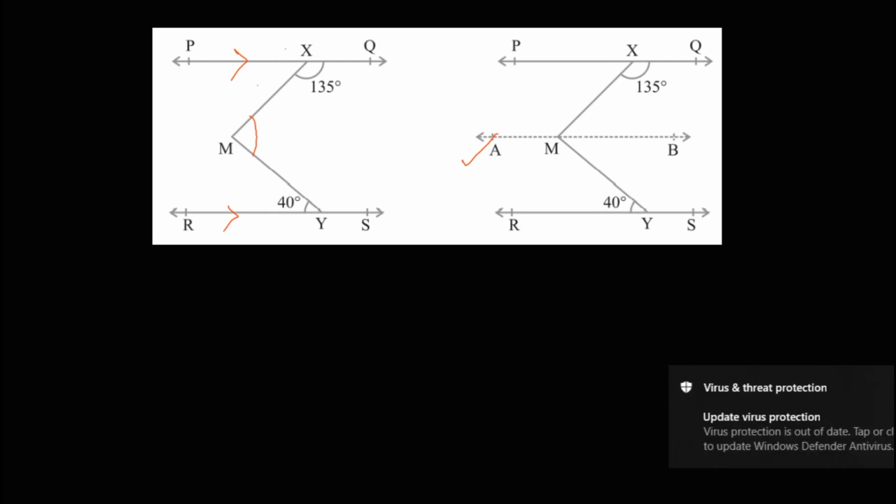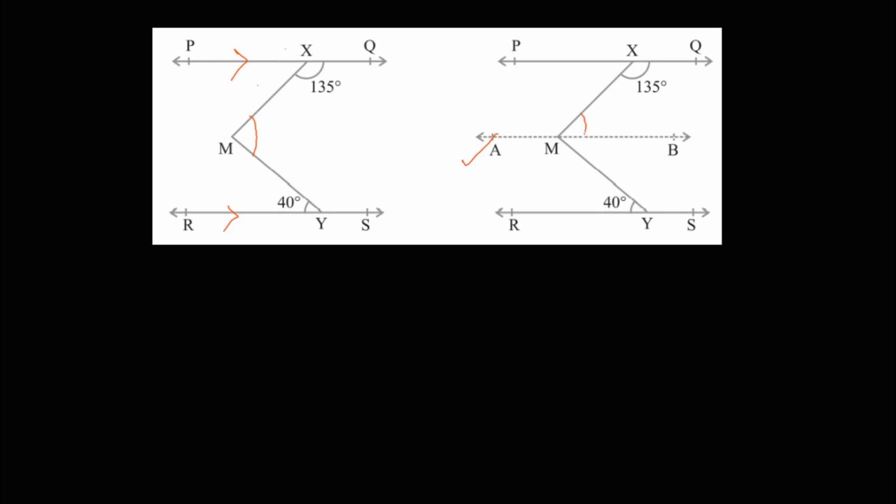So as you can see here, the figure is given like this. Here we have 135, and I told you that here MX will be considered as a transversal. Similarly, MY will also be considered as a transversal between the two parallel lines. If we are to find this angle, let it be X and let this be Y. As you know, these are co-interior angles, or interior angles on the same side, which are supplementary.